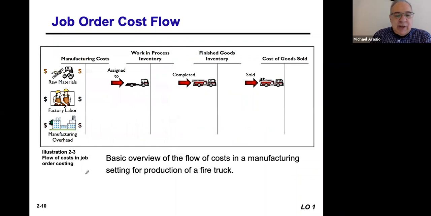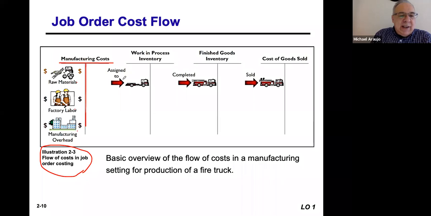So this is the illustration, and I love this illustration. Look, that's a beautiful flow. Everything starts with all those manufacturing costs that we looked at in chapter 1: raw materials, factory labor, and manufacturing overhead. This is the start of the manufacturing.